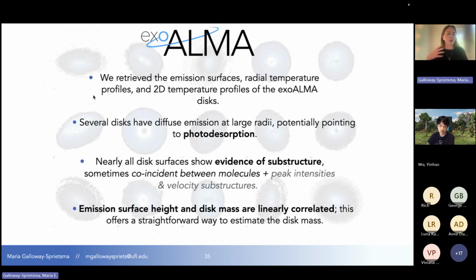We're finding tapered power law emission surfaces, similar temperature profiles. I would say that the areas that we differ from MAPS are the continuum substructures. So we don't really see a strong correlation between the continuum substructures and the larger azimuthally averaged gas structures.